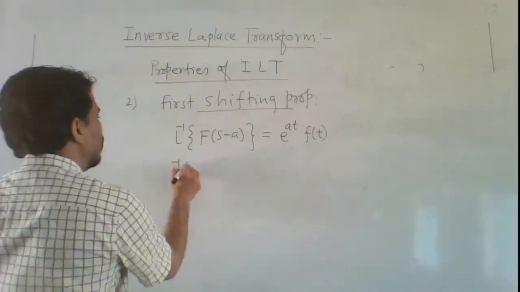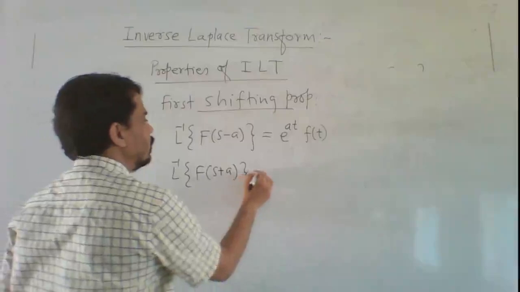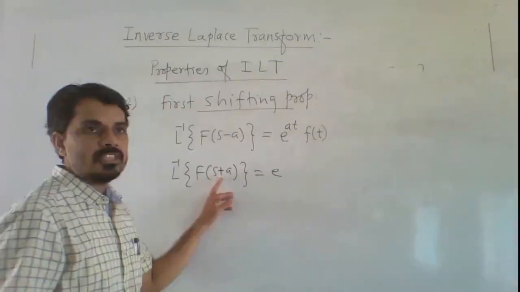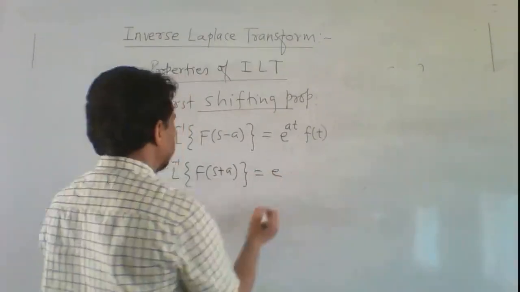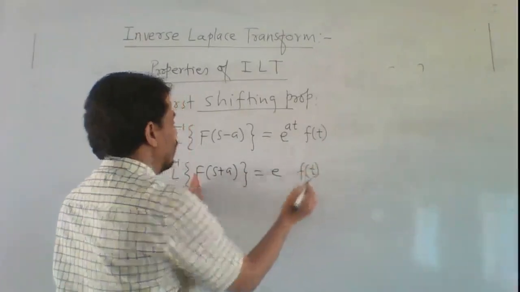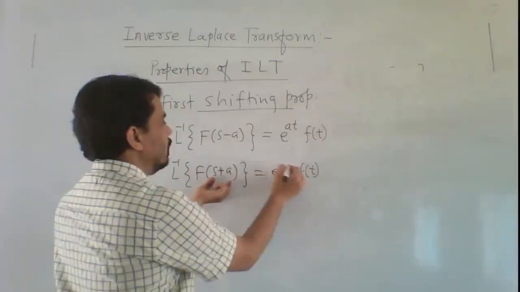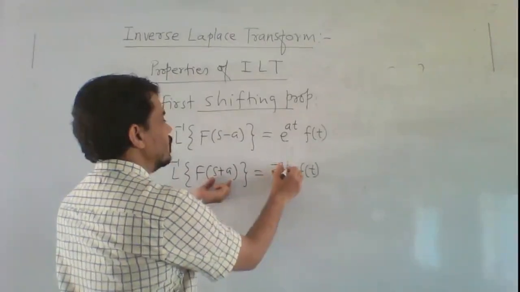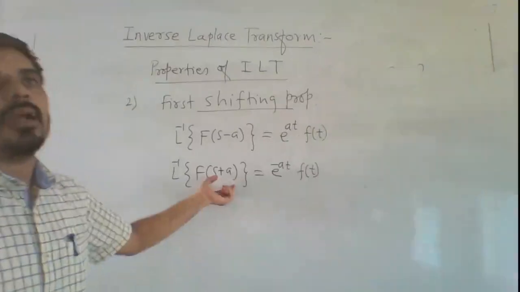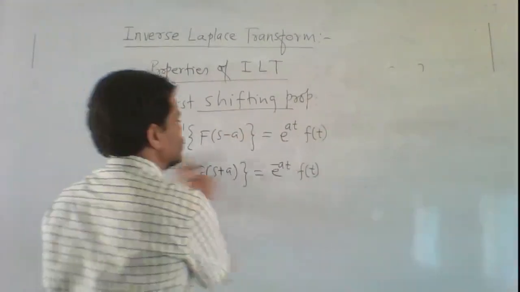Similarly, L inverse of F of s plus a: first write the inverse Laplace of F of s is f of t, and s is replaced by s plus a, so there is multiplication of the exponential function e raised to the power minus at. So this is the first shifting property of inverse Laplace transform.